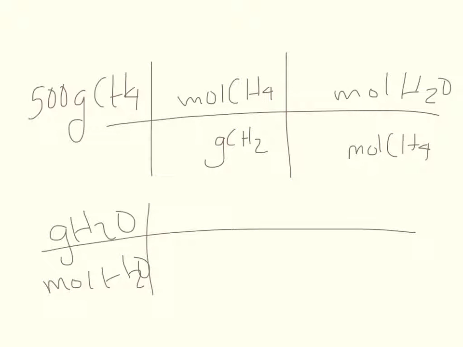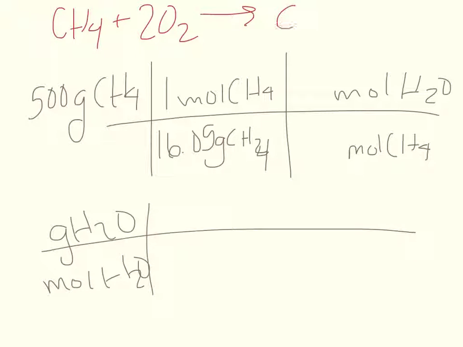My molar mass of CH4, I've calculated for you from the periodic table. It's 16.05 grams for every 1 mole of CH4. From my balanced equation, which was CH4 plus O2 yields CO2 plus 2 H2O, the numbers in front, my coefficients, tell me my mole-to-mole ratio.